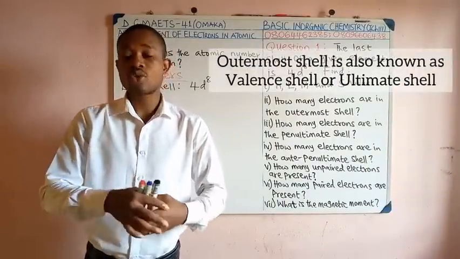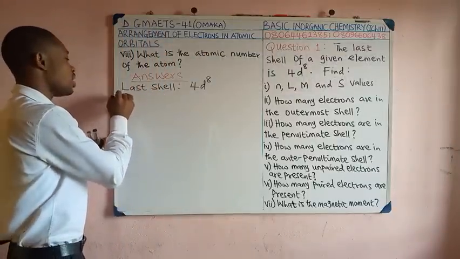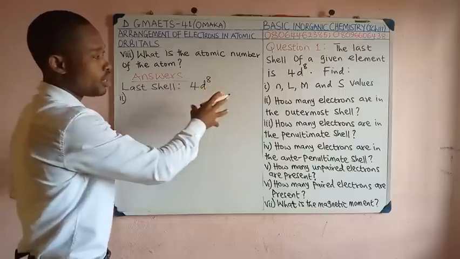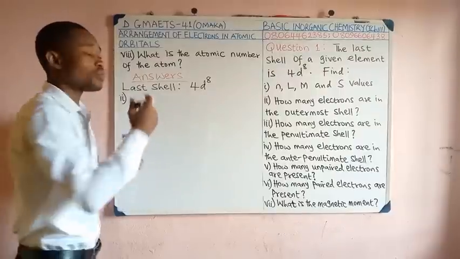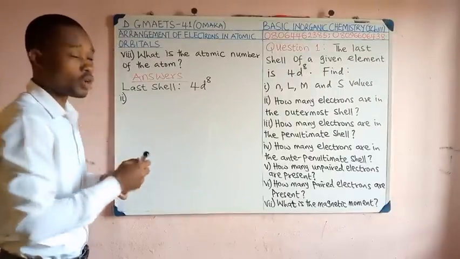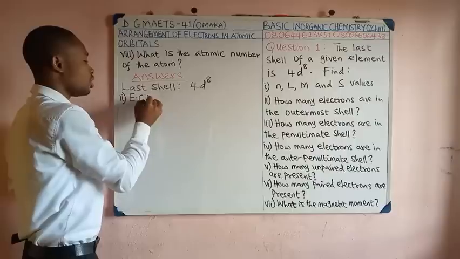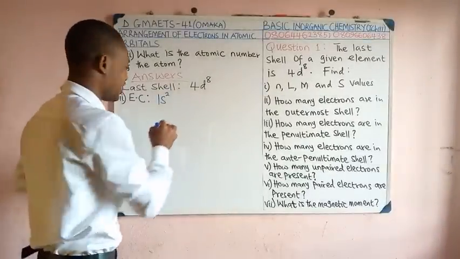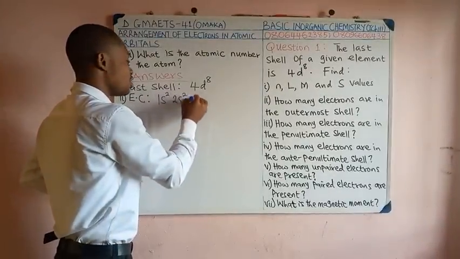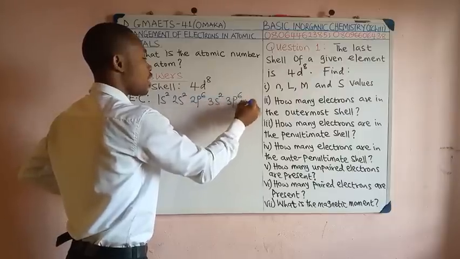Is that okay? So this would require that we write out the electronic configuration of this element. The name of the element was not specified, but we know that the last shell as given from the question is 4d8. So we're going to write our electronic configuration down to 4d8. So it is going to be 1s2, 2s2, 2p6, 3s2, 3p6, 4s2.